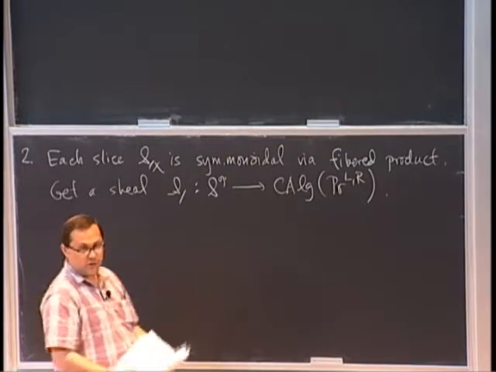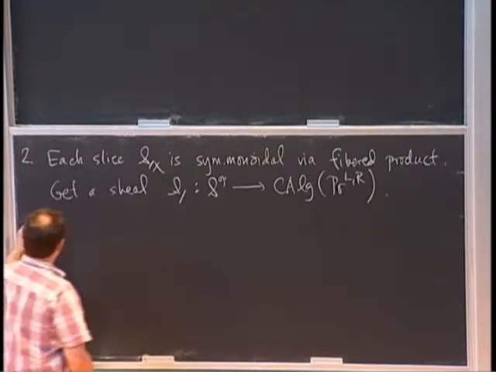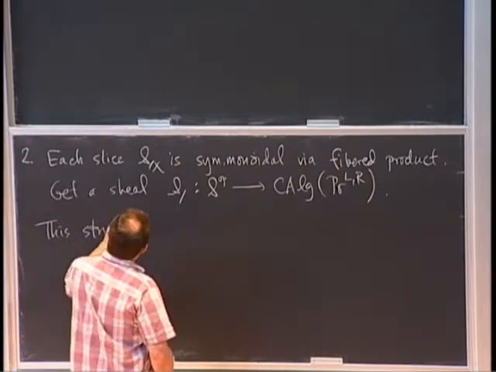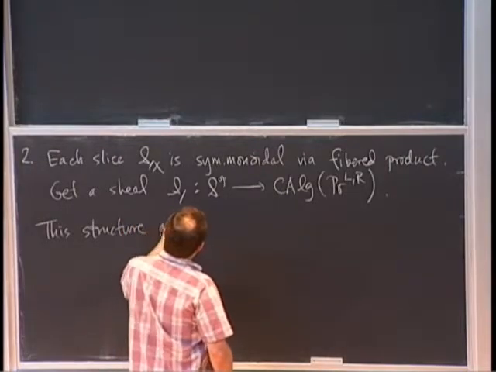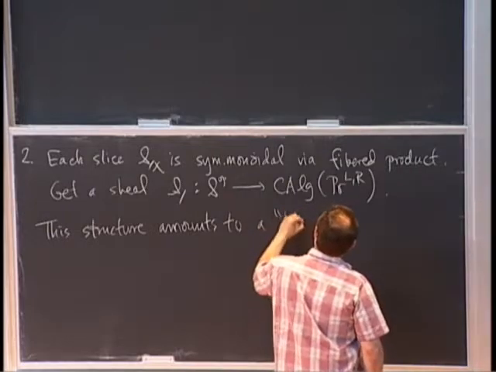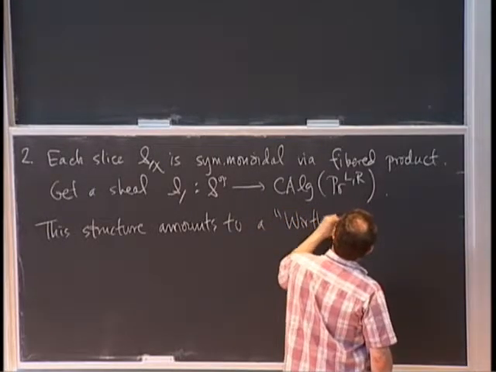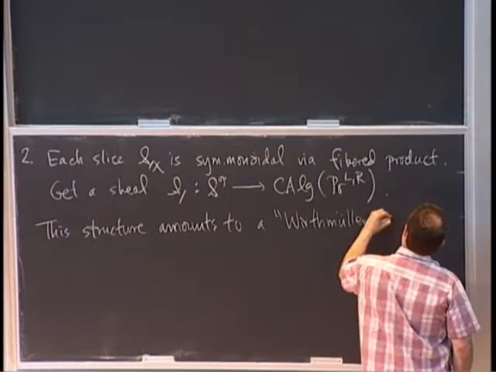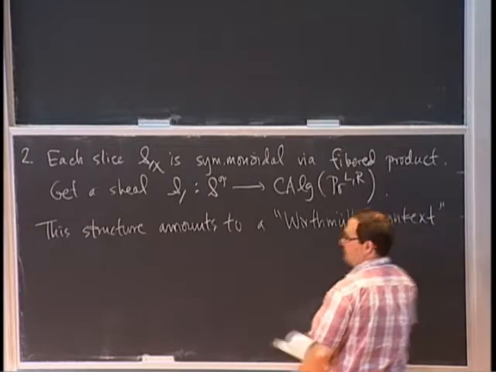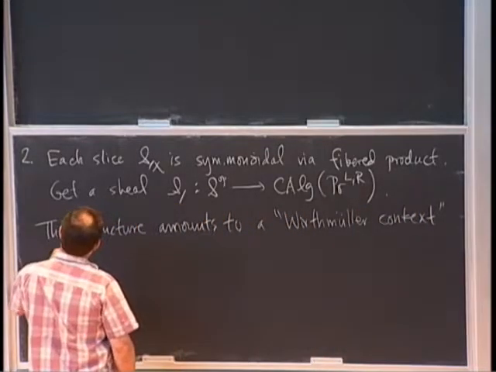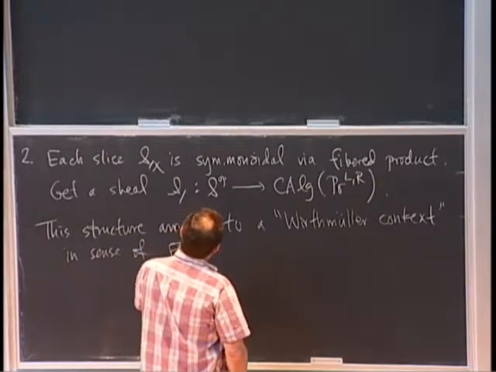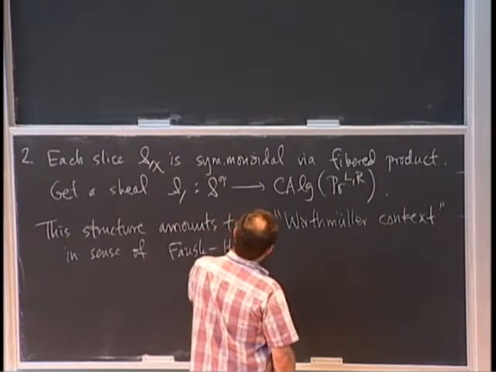So this is a lot of structure. This structure amounts to what's called a Wirthmüller context, in the sense of Fausk, Hu, and May.